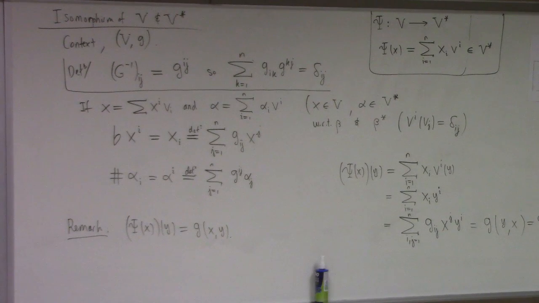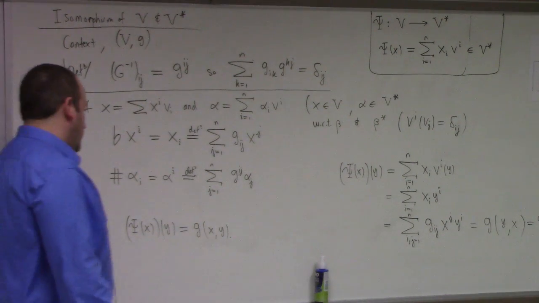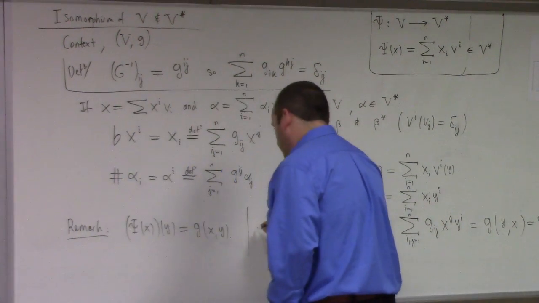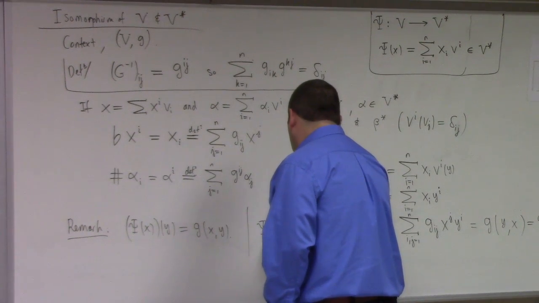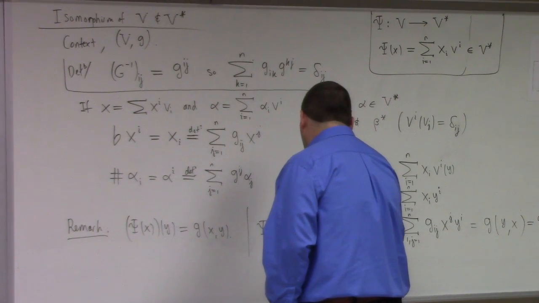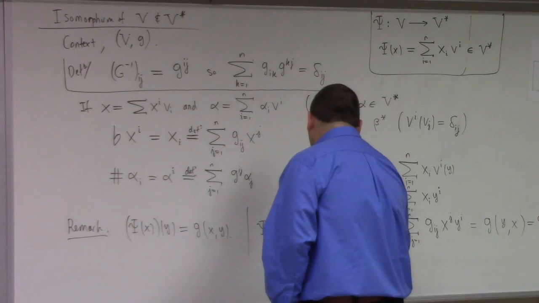I could do that for all x and y, and that would define an isomorphism from V to the dual. Sometimes people write it this way: they will say psi of x is equal to g of x comma stuff.